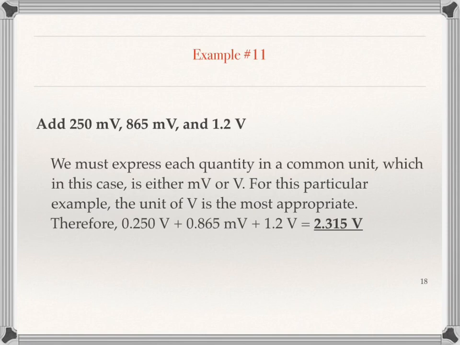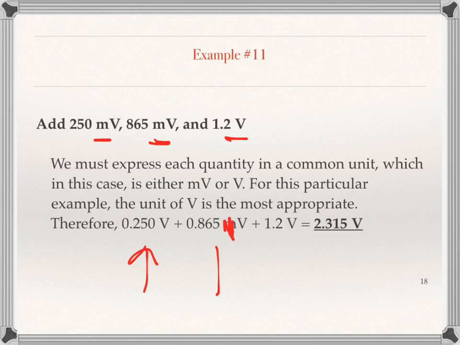Okay, again, we have different units. We have millivolts and volts. Again, to put them in a common unit, just looking at it, I would recommend using volts. So it'll be 0.25 volts. That 865, that should be volts.